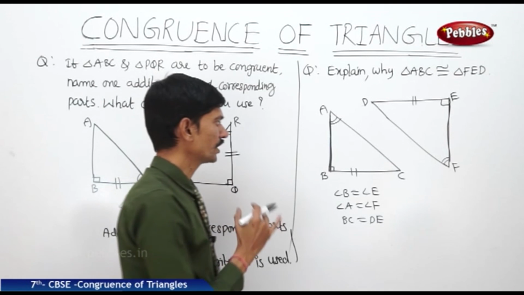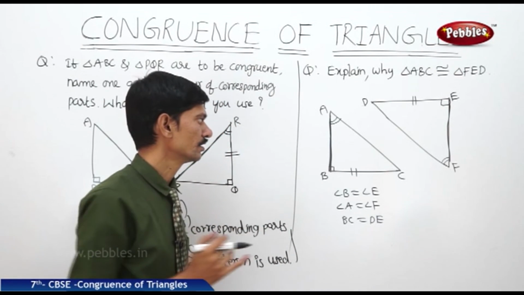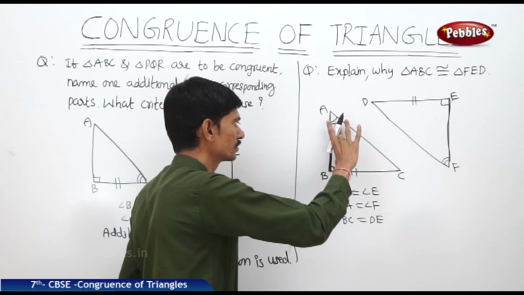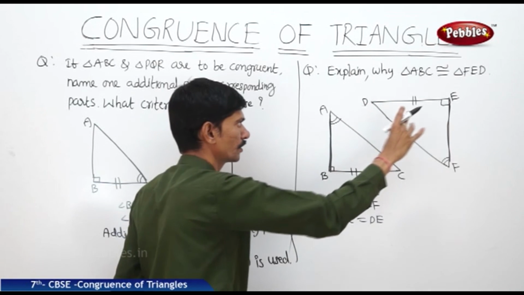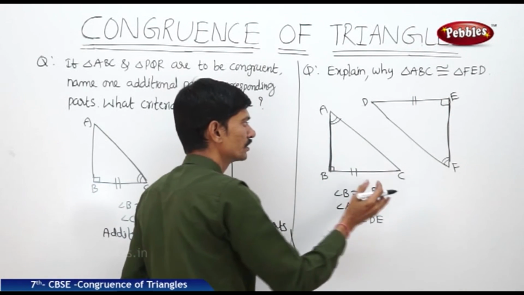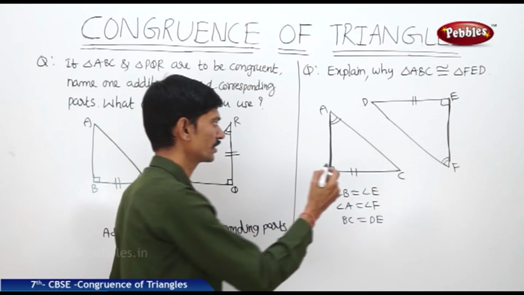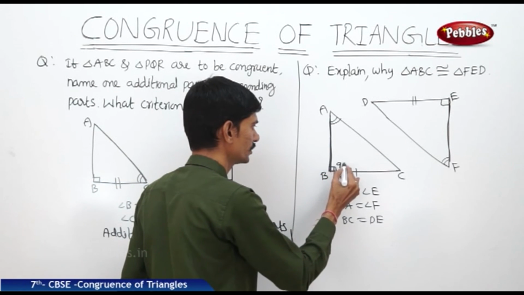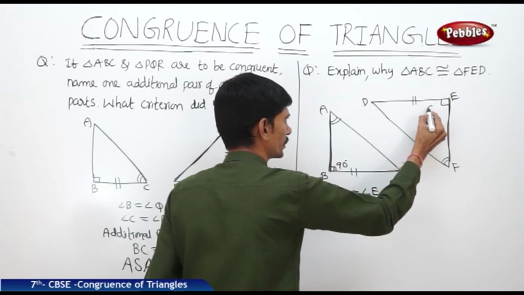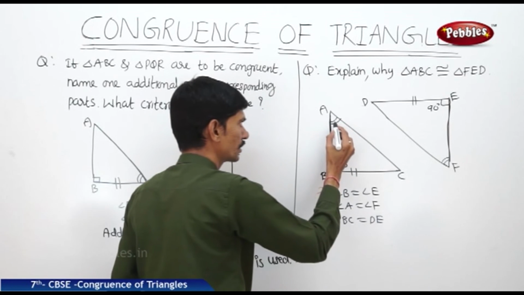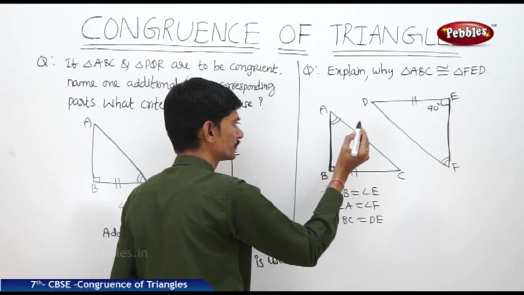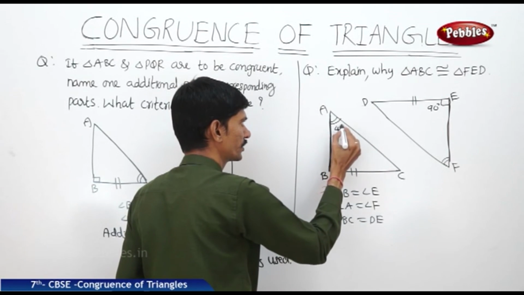Then how to use the ASA congruence criterion here? Now when the two angles of this triangle are equal to the two angles of the second triangle, then automatically the third angles will be equal. For example, this is a right angle, 90 degrees, so here also this is 90 degrees. Then let us assume that angle A is, for example, 40 degrees.